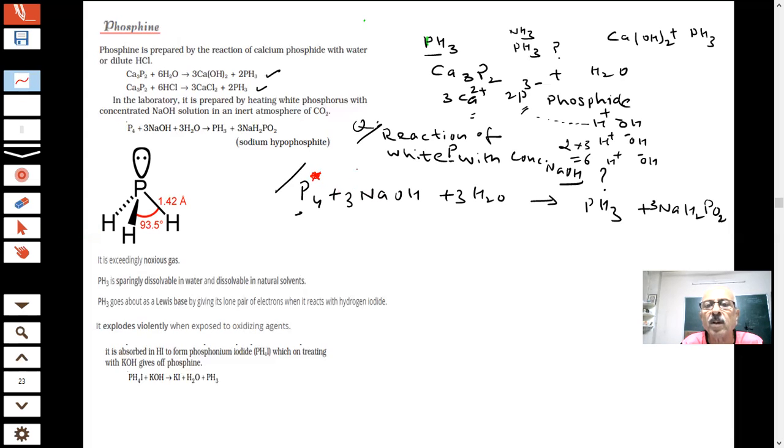Important question, asked many times. Then in NaH2PO2 it is +1. This is 0, P4 is 0. What is this? This will be -3, because when we calculate the oxidation state of phosphorus here, it is -3.